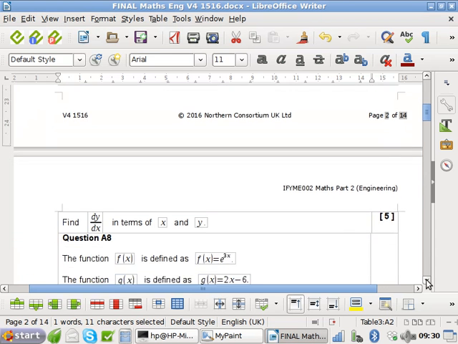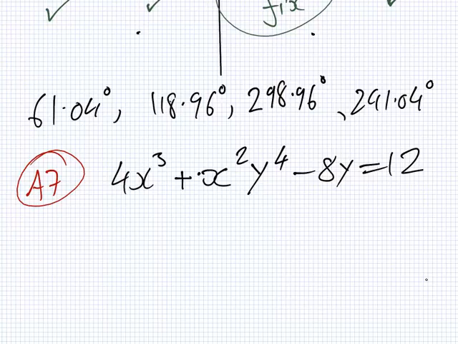Yeah, someday. Okay, next. We want to find the derivative here. So, what type of derivative is that? Implicit, yeah. So, what do we get first? 12x squared. Now, here what happens?